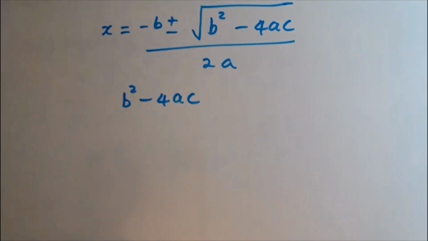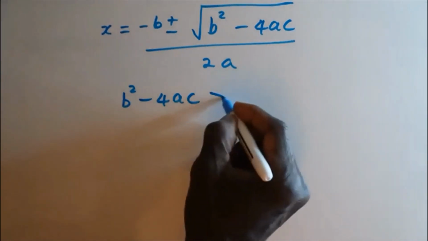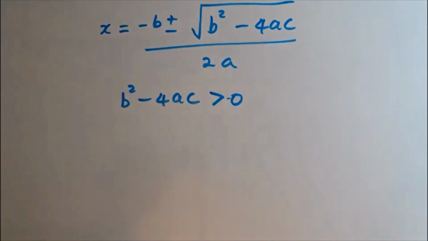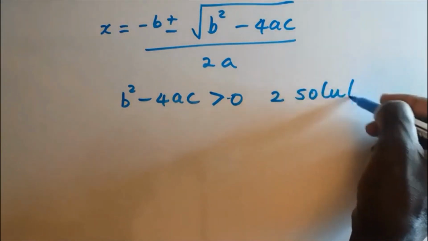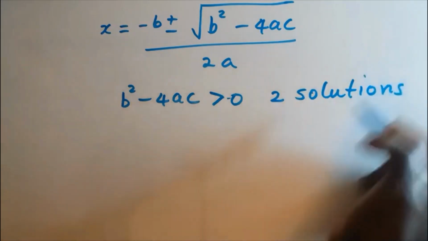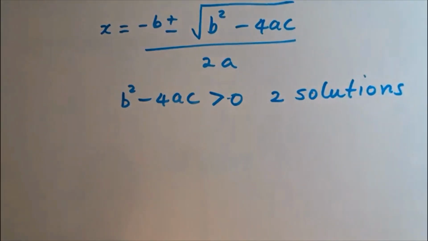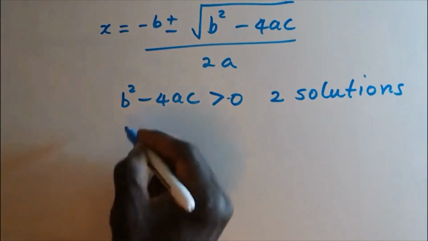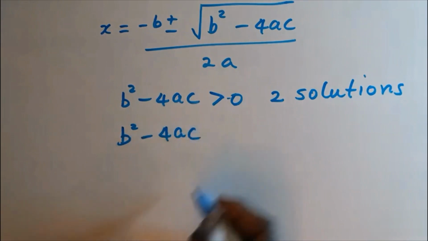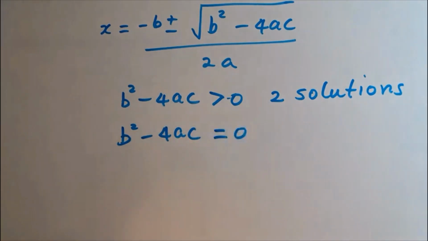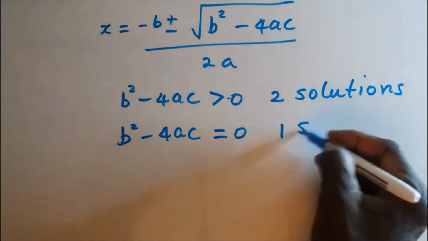Now if this value, b squared minus 4ac, is greater than 0, meaning it's positive, then we'll have two solutions. If b squared minus 4ac is equal to 0, then we'll have one solution.